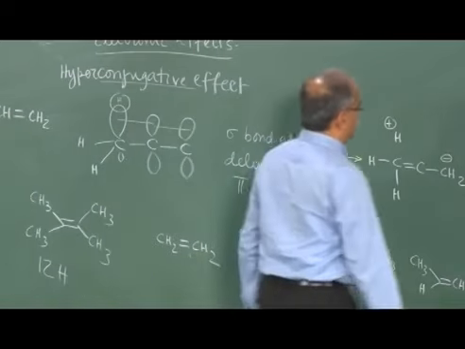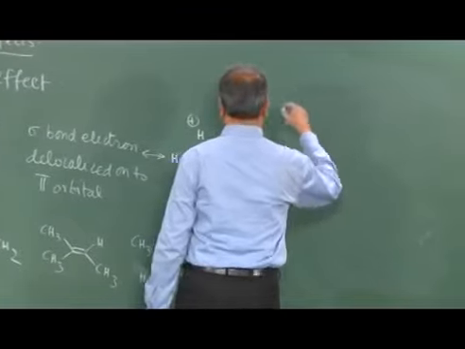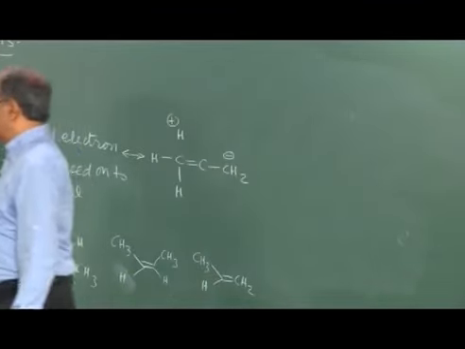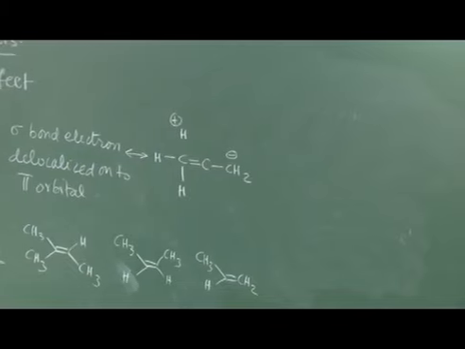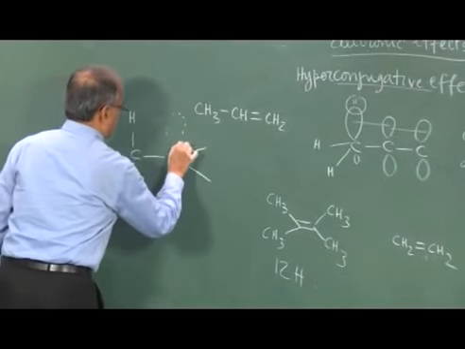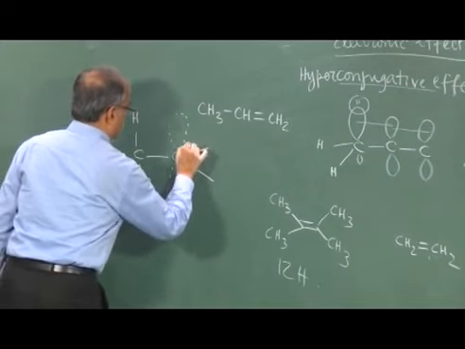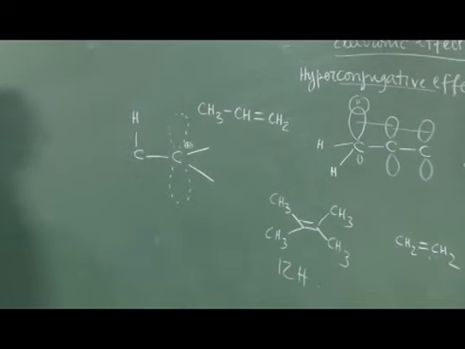Hyperconjugation effect is also responsible for explanation of the stability of carbonium ions. Suppose it is a carbonium ion center. The carbonium ion has an empty p orbital by virtue of the positive charge associated with it.